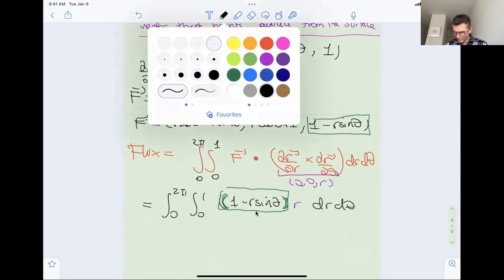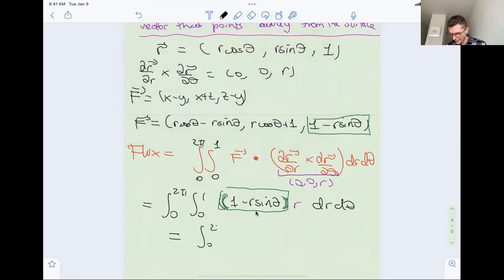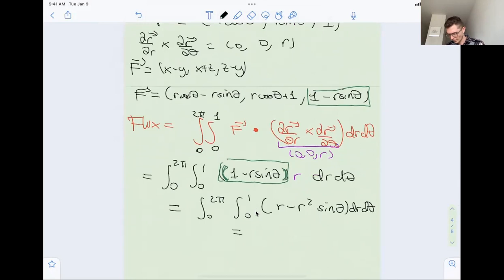So really what you're doing is the integral from 0 to 2 pi, 0 to 1 of r minus r squared sine of theta, dr d theta, and that's not too bad to integrate. That should be pi. Is this okay?